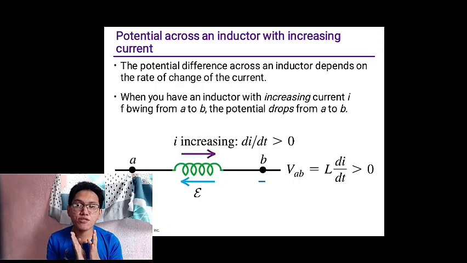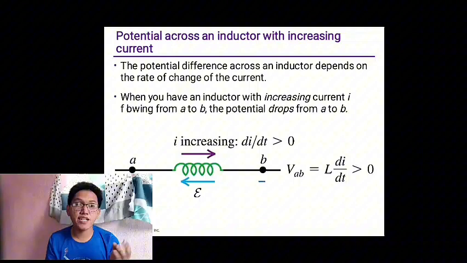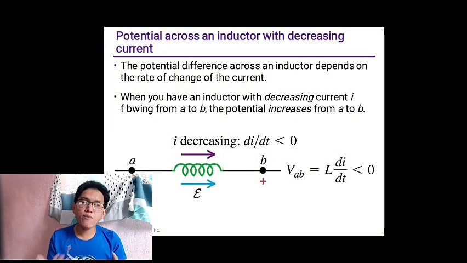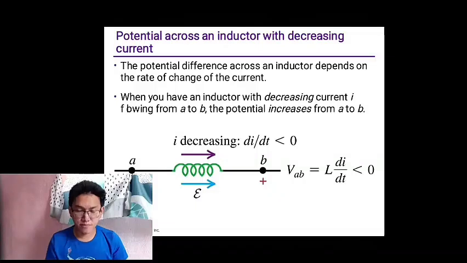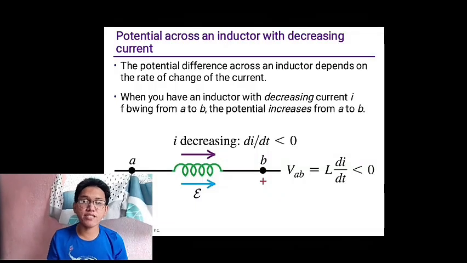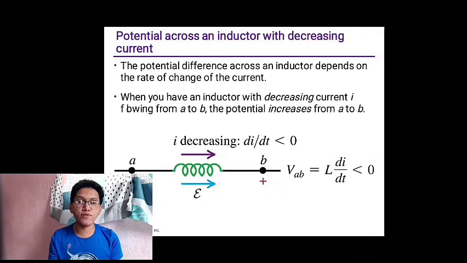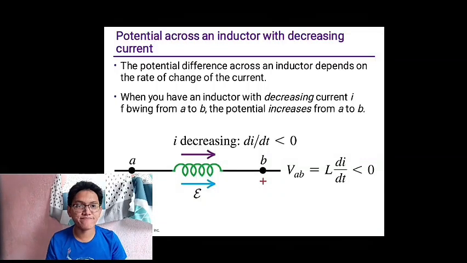This means the potential drops in the direction of the current flow. That is for the inductor with increasing current. How about the inductor with decreasing current? When the current is decreasing, the inductor attempts to maintain the current by producing a potential difference in the opposite direction. This causes the potential to increase in the direction of flow.